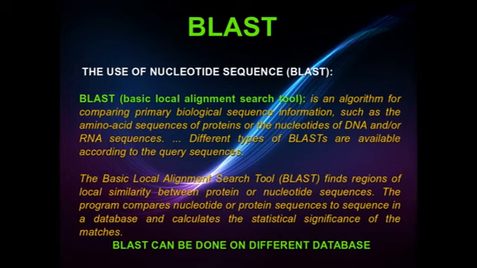BLAST will tell you that these two sequences or more have 100% similarity, or maybe it's 60, maybe it's 50. BLAST will tell you. Now, the basic element is to search and find regions of local similarity between protein or nucleotide sequences, just like I've said.